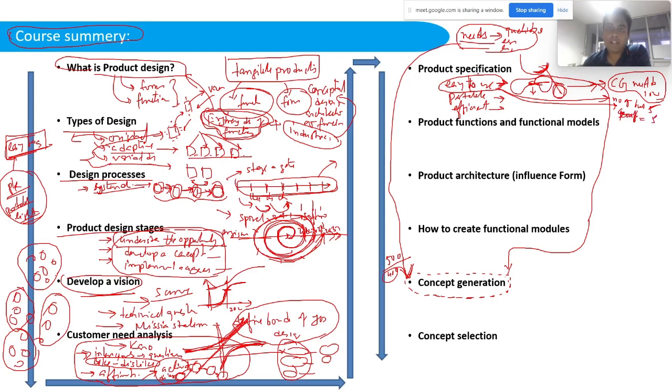So a specification basically means coming out with a value and a metric. A metric is something like a unit of measure, like kg, meter, mass, and value is a numerical value. Similarly, portable can be the weight of a particular product. So if it's less than 50 kg, that is good.